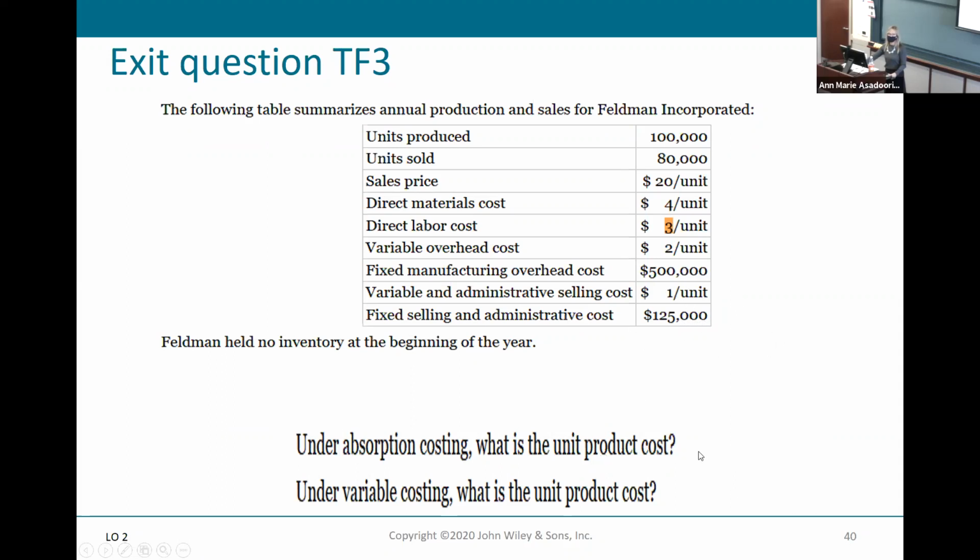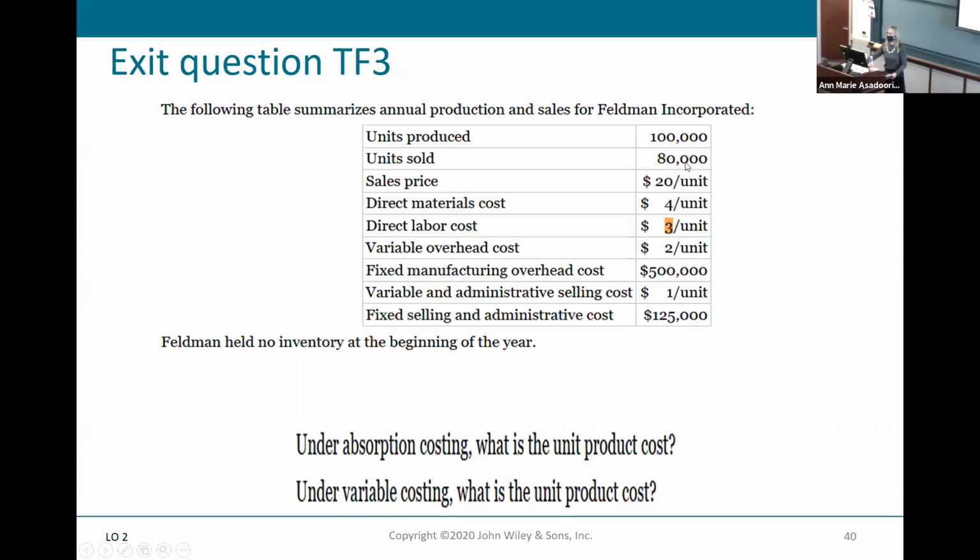The first question I'm asking you, even if I didn't ask it, this is what you would have to do first. What is it costing you to make 1 unit of product under absorption costing? And what about variable costing? Variable is easy. Direct material, direct labor, and variable overhead. Fixed, the absorption costing needs to add this fixed factory overhead.